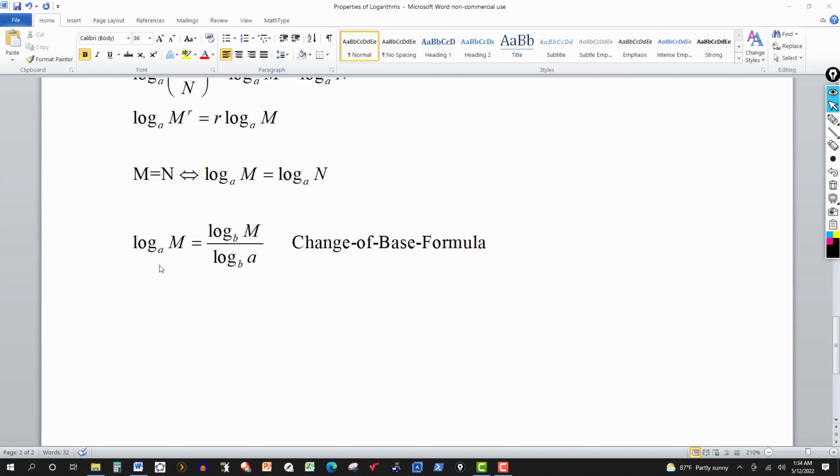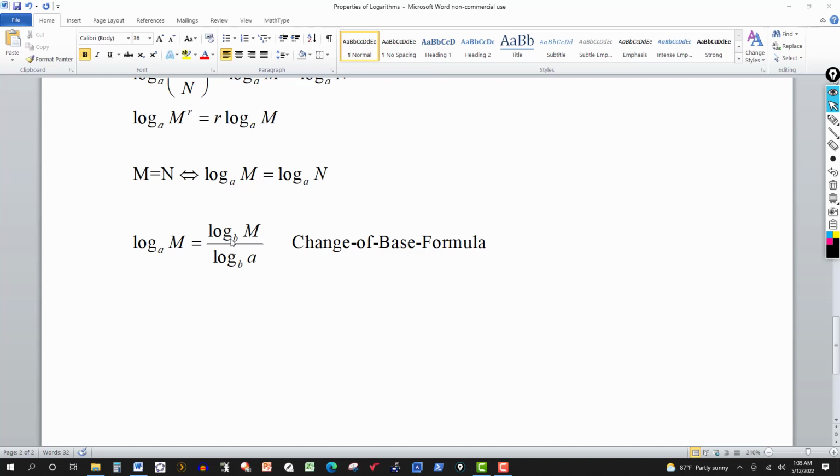Then of course you have the change of base formula. On a regular or graphing calculator, you'll have an ln function and a log function. So log is log to base 10 and ln is log to base e. This one's telling me that if I have the log of m to some base a, that will equal some other log.